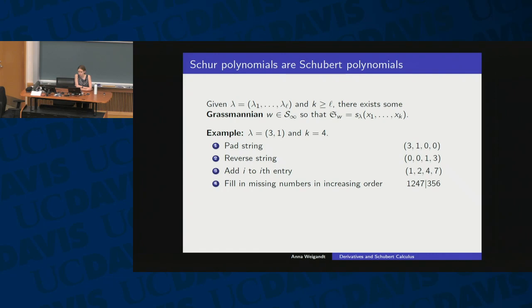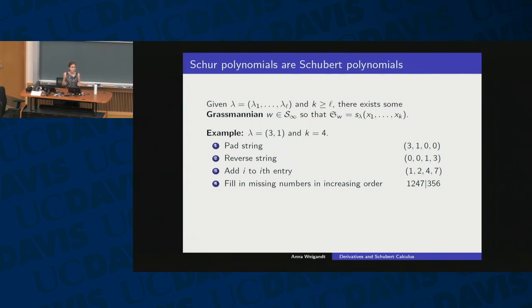I had a 1, 2, 4, 7, and then I'm going to tack on a 3, 5, 6. If I'm thinking in S infinity, I could have added an 8, 9, 10, and so on. But at this point we have a well-defined permutation, and the stability means we don't have to care too much about which symmetric group we're living in. Okay, so that's our recipe.